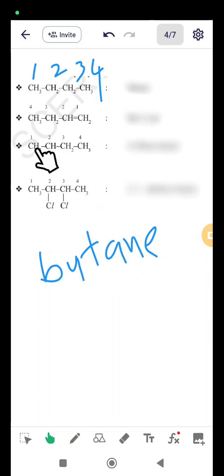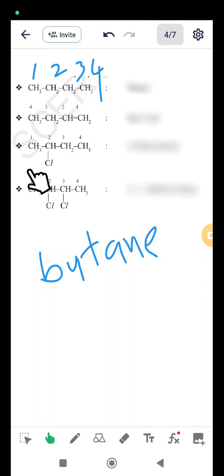So here if we take this as 1, on the first carbon there is a double bond. Double bond means that is en. And 4 carbons means again but, so this will become but-1-ene. Okay, and what about these two?